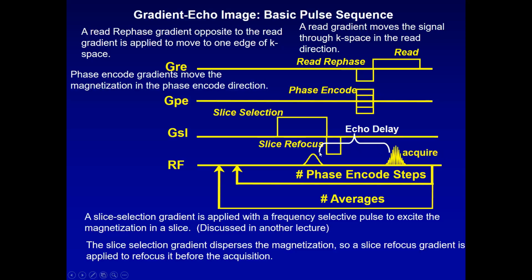So we go from a tip to the center, the peak of the signal. That's the echo delay. It may be 10 milliseconds, 20 milliseconds. The farther out you go, the greater the sensitivity you have to the T2 star effect. You also lose signal, so there's a trade-off. If you were to go very, very far away, you'd have a lot of sensitivity to T2 star, but there would be no signal left.